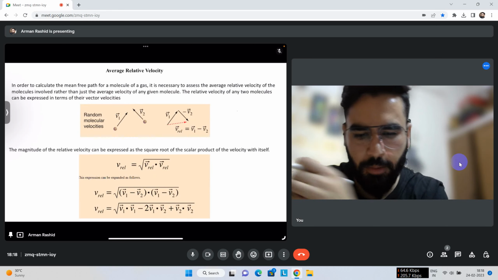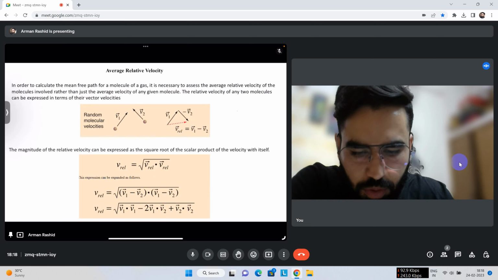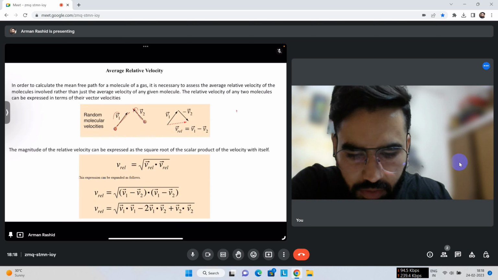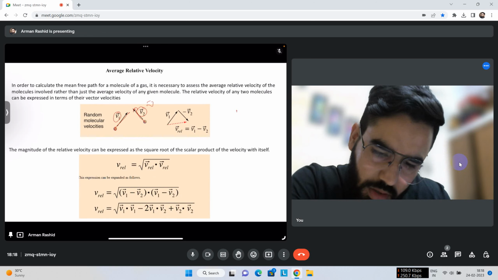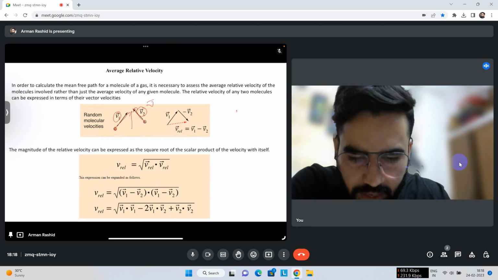These are the two gas molecules we are considering, moving randomly with v1 and v2. Since velocity is a vector quantity, the total velocity between them will be the vector summation of these two.